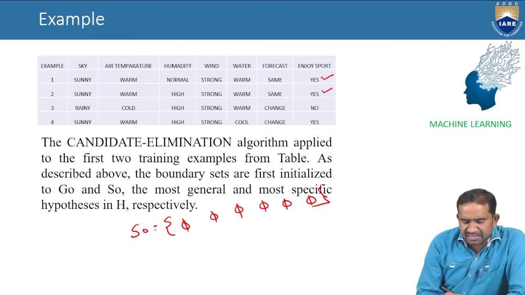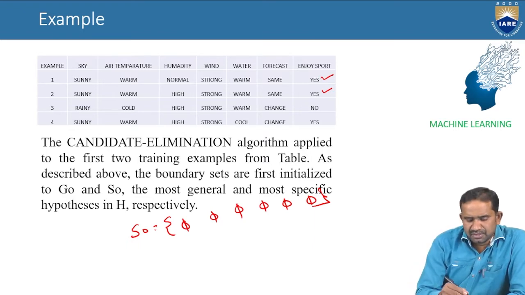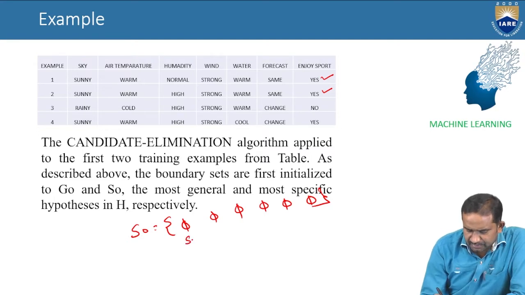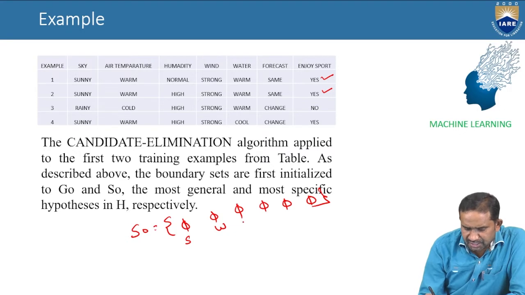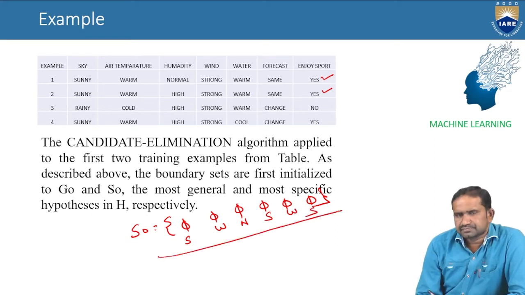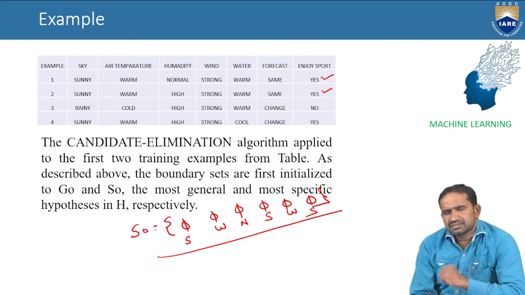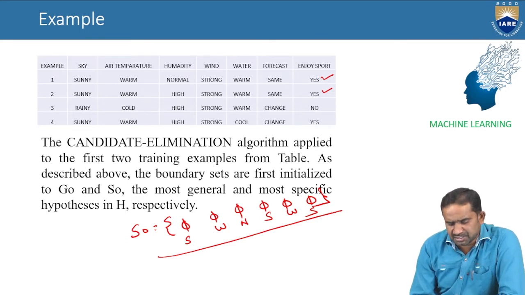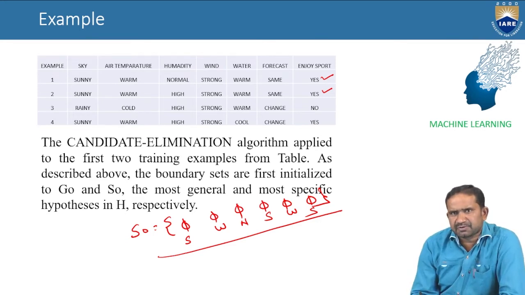We compare it with the first training example: sunny, warm, normal, strong, warm, same.